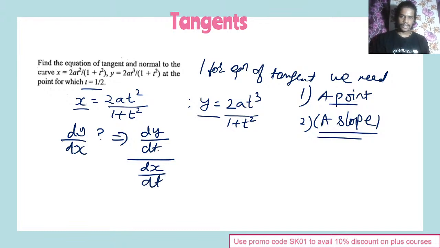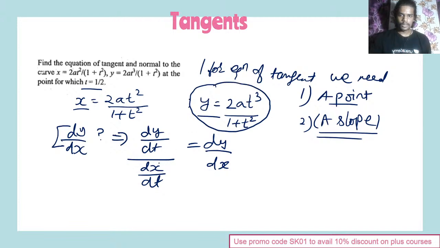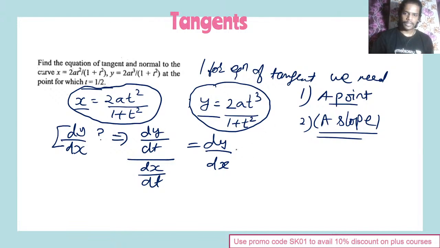So basically dt and dt will cancel out, you will get dy by dx. dy by dt can be calculated from here, dx by dt can be calculated from here. Okay, so let us try to calculate dy by dt and dx by dt one by one.